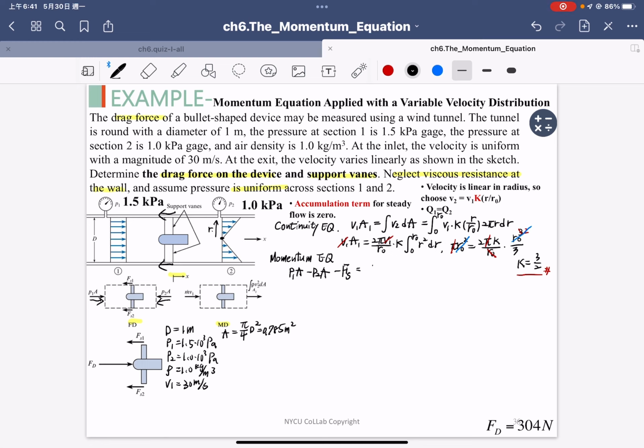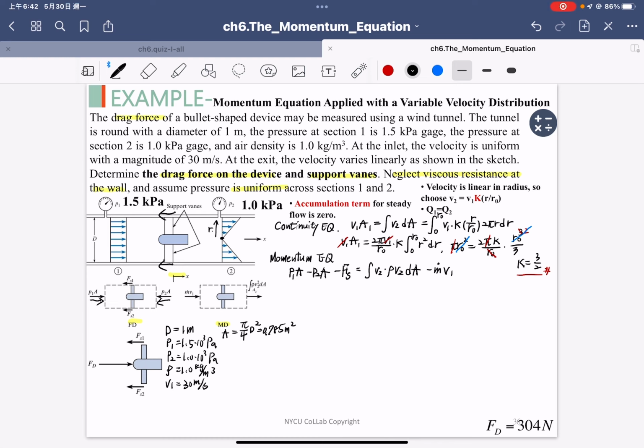We have the integration of the V2 velocity multiplied by rho V2, and we do the integration along the area, minus the inflow momentum, which is the mass rate multiplied by V1.